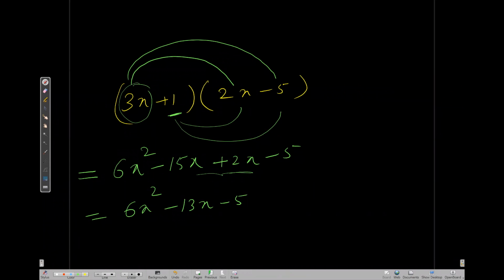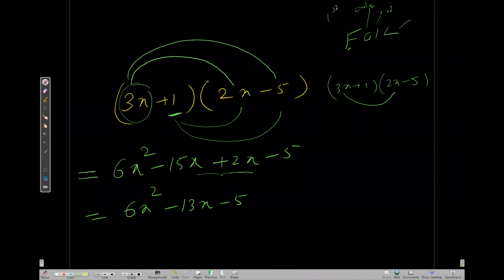Now there is another way of doing it, and people call it the FOIL method. F means first, O means outer, I means inner, L means last. Let me show you how to do that using that technique. Ultimately the idea is the same, it's just about the order. So first, that means the first two, then outer, this and this, and then inner, these two, and last.